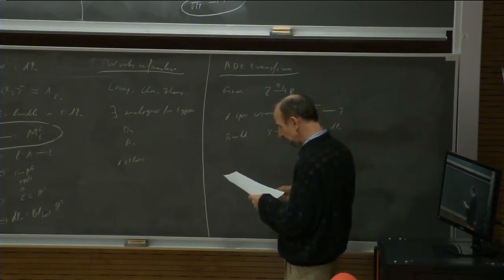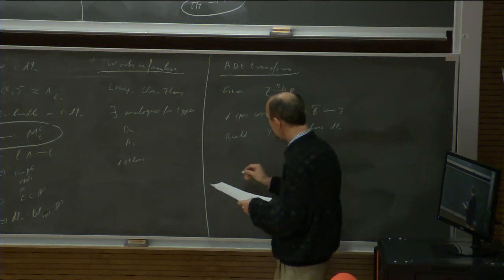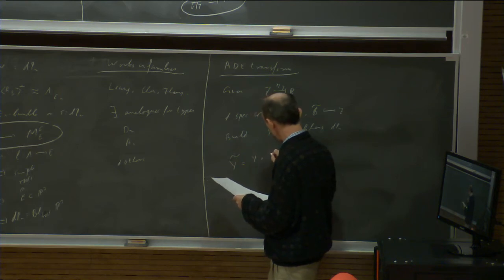And let's let Y hat be the pullback, or Y tilde. So that's going to be Y cross over B with B tilde.